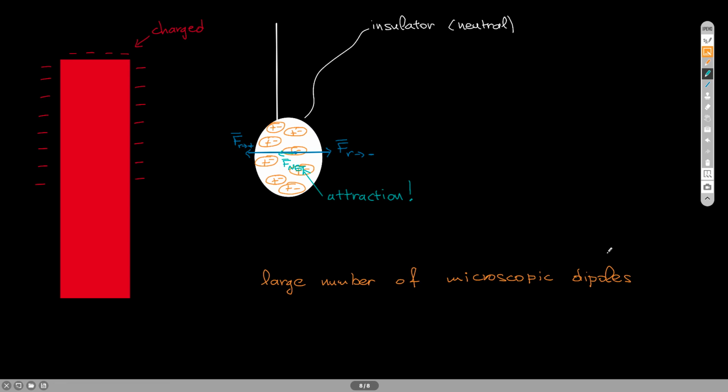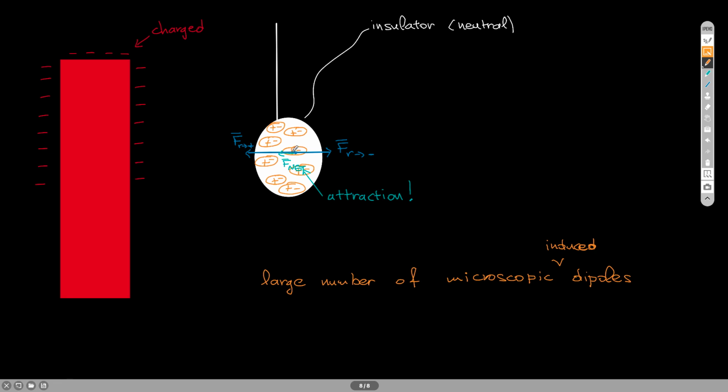Now, I do want to make a note: these are induced dipoles. They are induced because they are created by the presence of the charged rod. What happens if I take this away? Well, if you take this away, then there is no longer a repulsion on the electrons of the atoms, and those are going to be back to center.